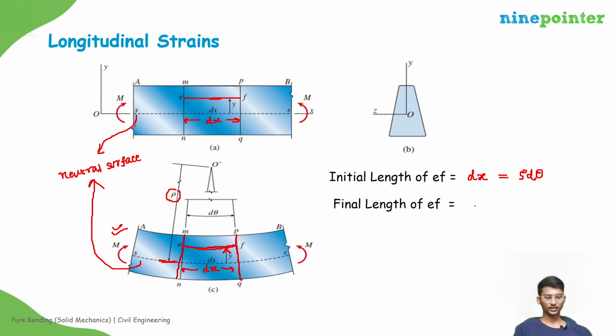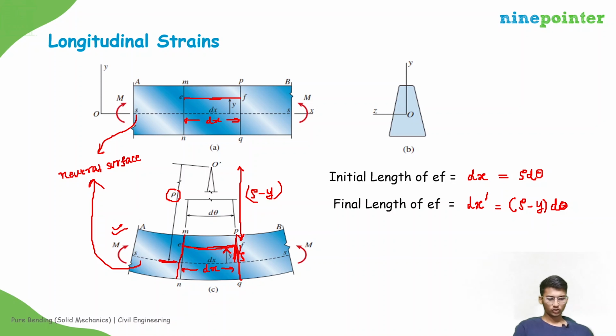The final length is dx dash, which is nearly rho minus y. Actually there will be some cos theta term, because we need to subtract y, but we already said the deflections are small, so this distance will be y only. So we can write it as rho minus y into d theta. Do you agree?